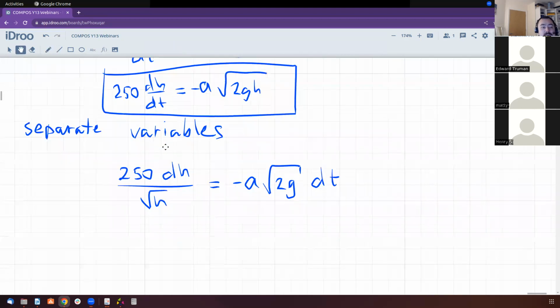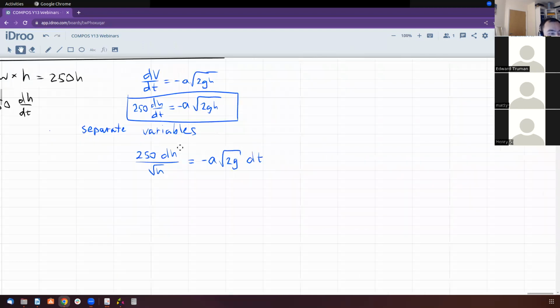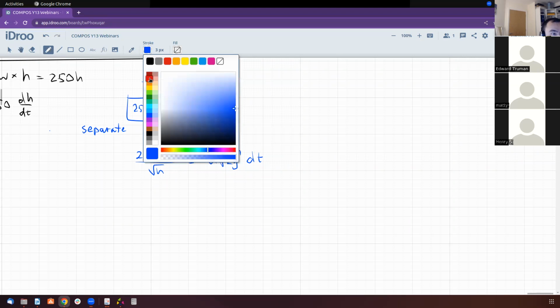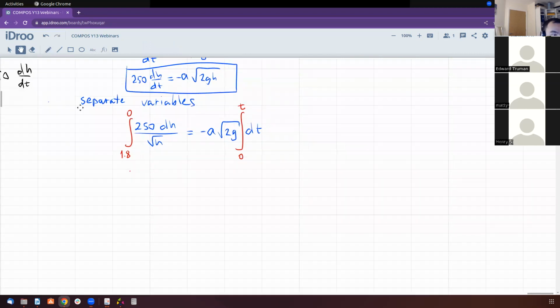And now we integrate. Now this is a constant, so this can be outside the integration. Time changes from 0 to t, and height changes from 1.8 meters to 0. We're emptying the pool. Now we just integrate.